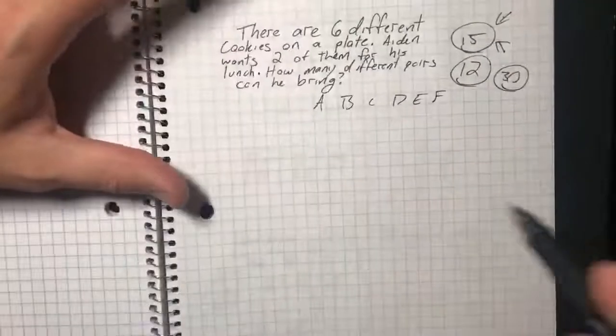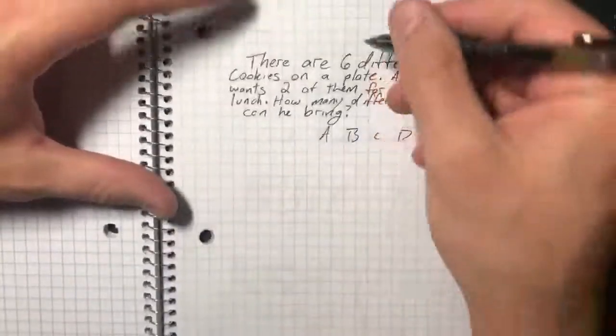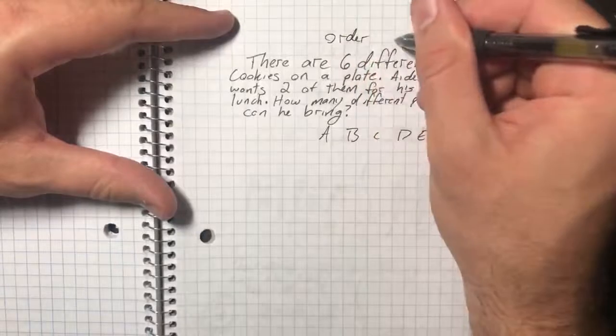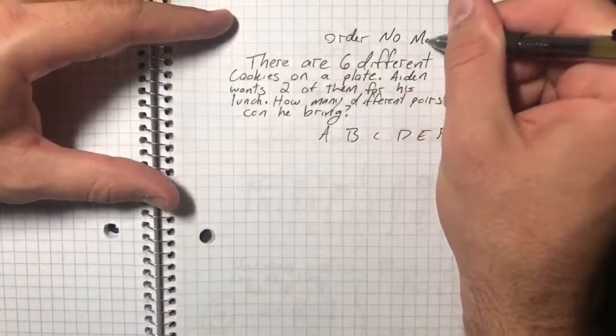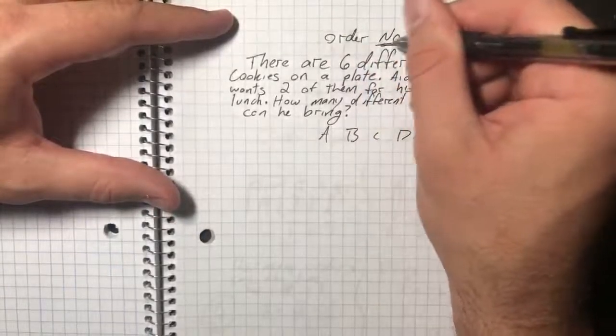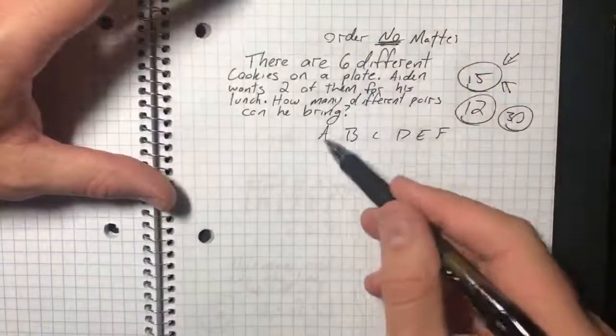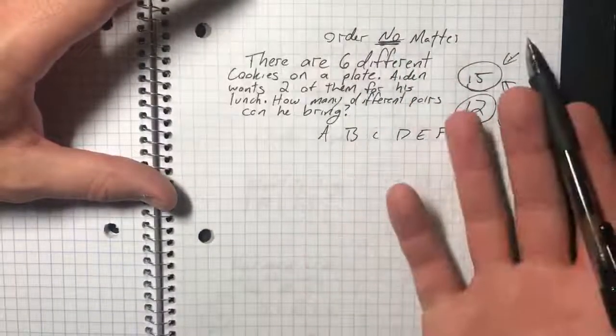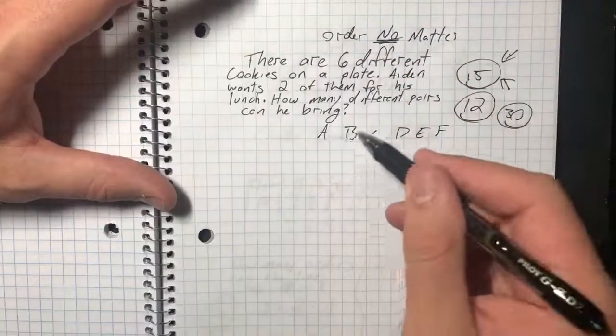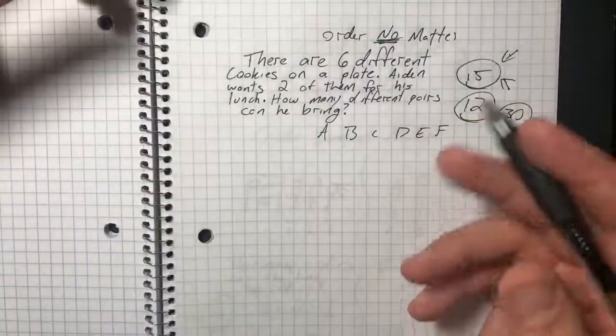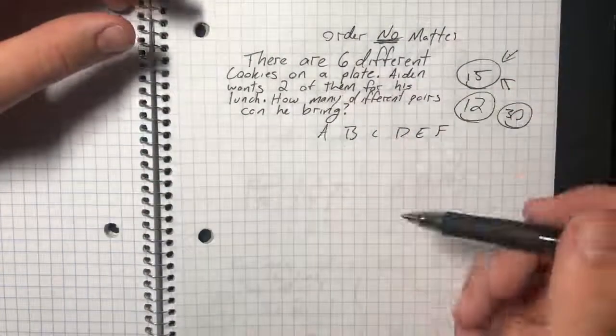With these cookies, the order does not matter, because if I have cookie A and B, that's the same thing in my lunch as having cookie B and A, right? So that's basically what I'm going for.